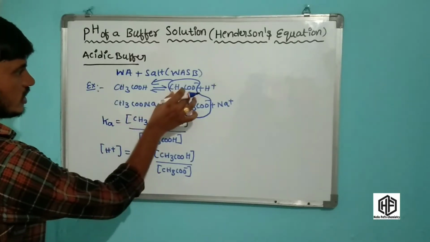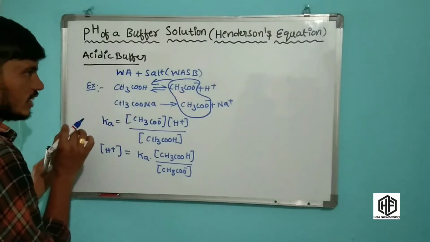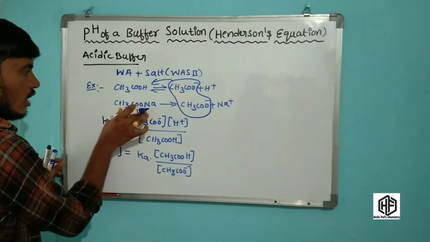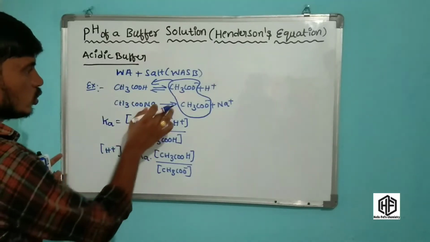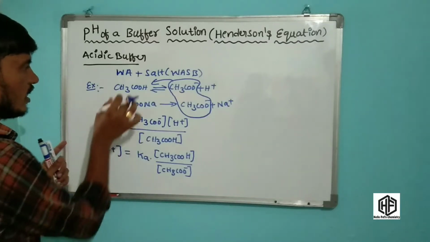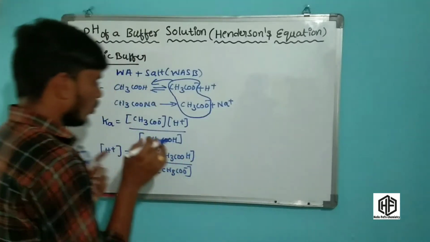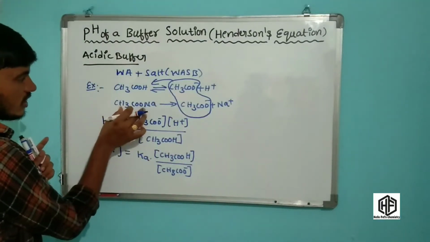But in this solution, acetate ions are present from the weak electrolyte acetic acid, and acetate ions are also present from the sodium acetate. Due to the common ion effect, the degree of dissociation of this weak electrolyte is neglected. Most of the acetate ions are present from this salt.